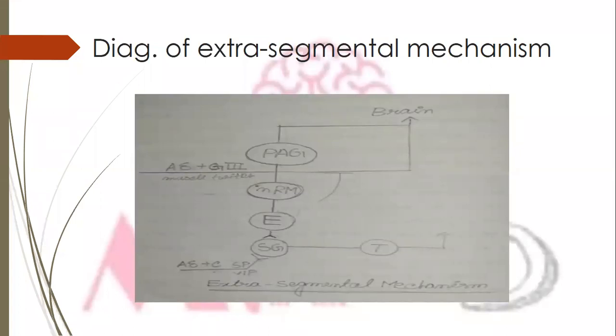The acupuncture TENS induced activity in small diameter muscle afferent fibers, that is A delta and C fibers or group 3 fibers, leads to activation of brain stem nuclei such as the periaqueductal gray, that is the full form of PAG. If you want, you can note down periaqueductal gray. And nucleus raphe magnus, that is NRM.